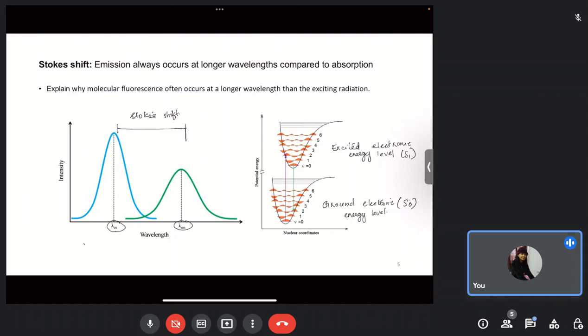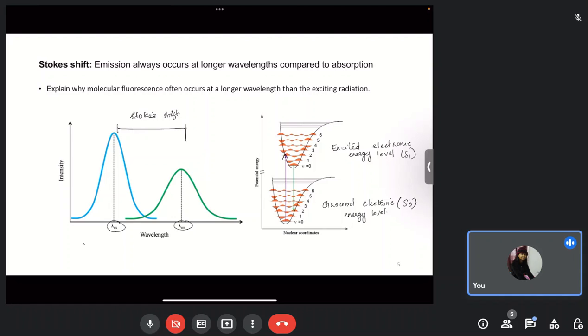So when you excite a molecule, it will go from the lowest vibrational energy level of the ground state to one of the excited state vibrational levels.